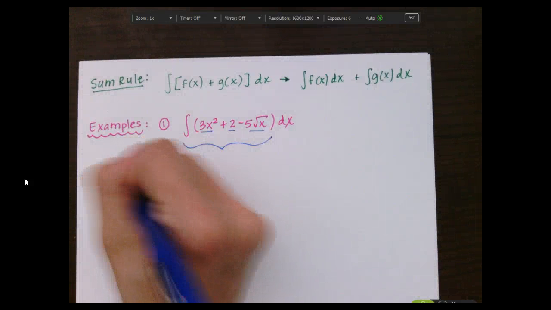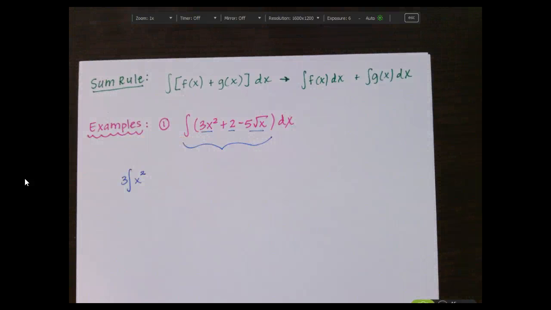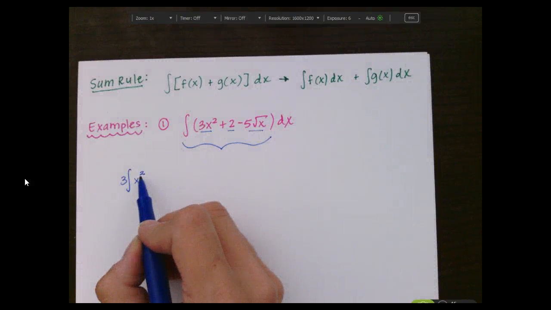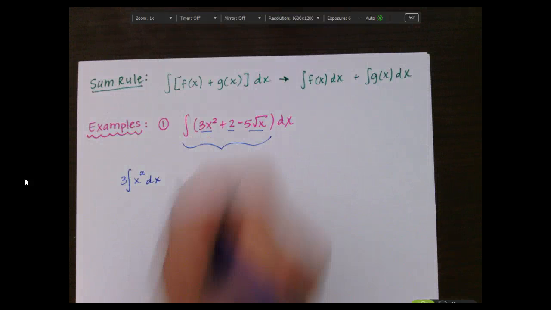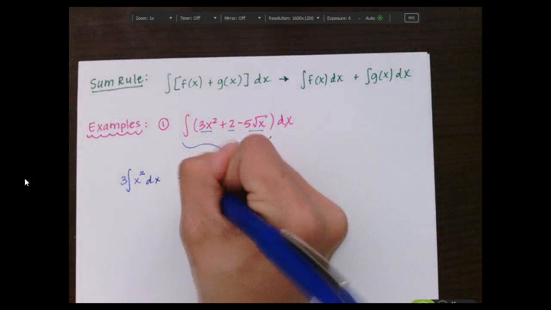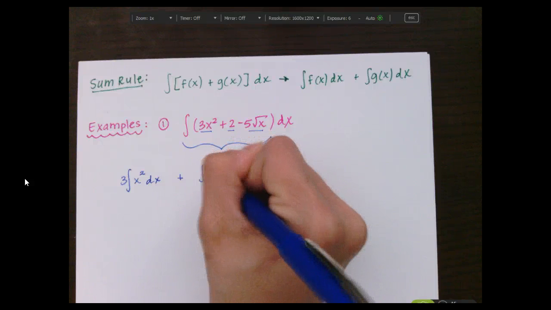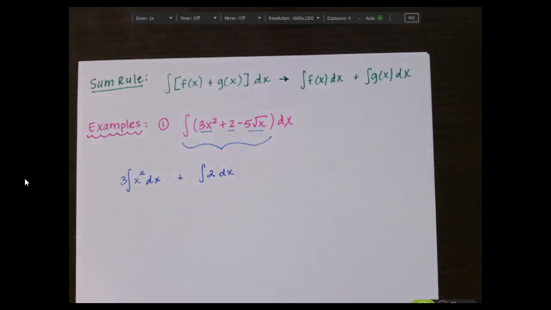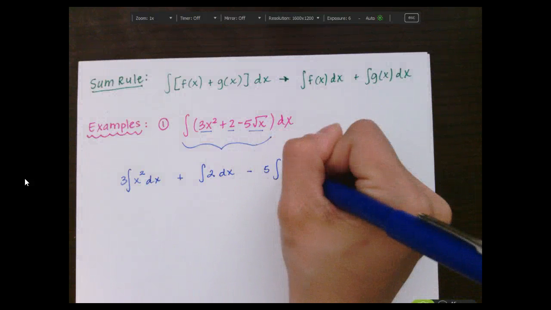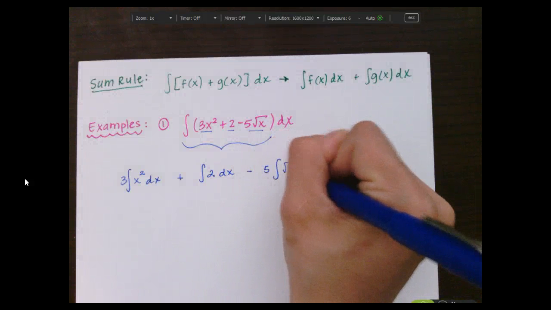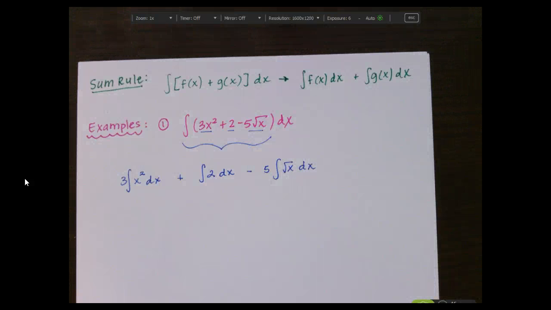And so the first one, I'm going to also factor out that constant multiple. I'm going to integrate x squared with respect to x and multiply my result by 3. And I'm going to add that to the antiderivative of 2 with respect to x. And I'm going to subtract 5 times the antiderivative of the square root of x with respect to x.